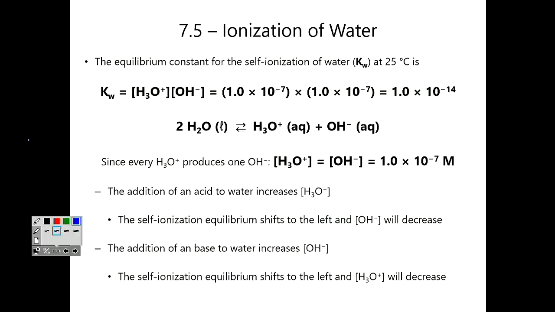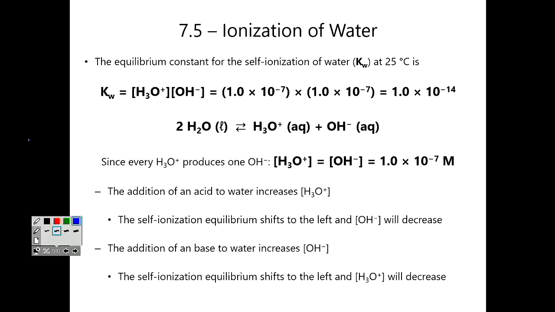So it turns out that at 25 Celsius, which is normal room temperature, the amount of hydronium is 1 times 10 to the negative 7 molar. Very, very small number. Because the amount of hydroxide that is produced has to be the same, there's also 1 times 10 to the minus 7 hydroxide.